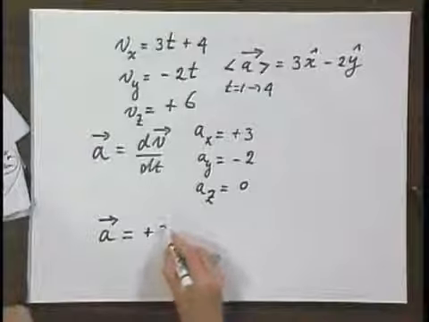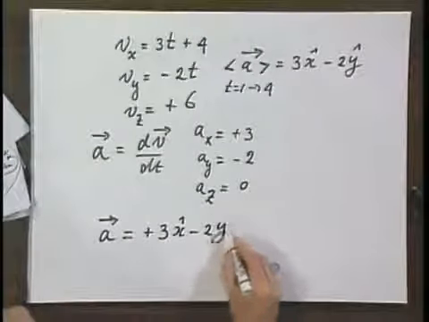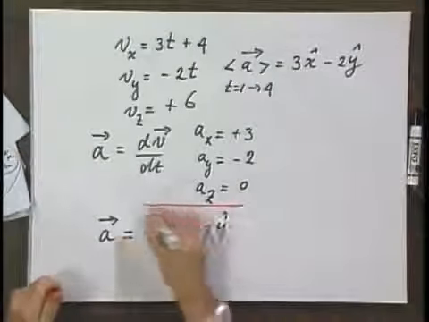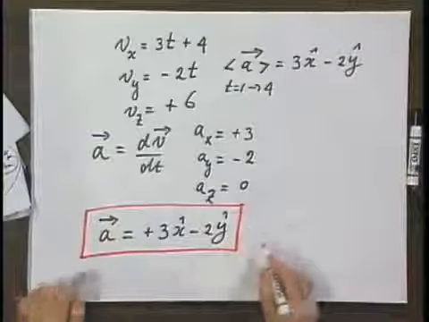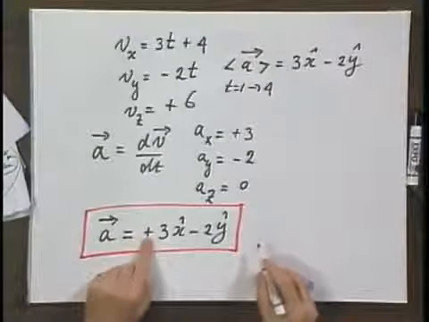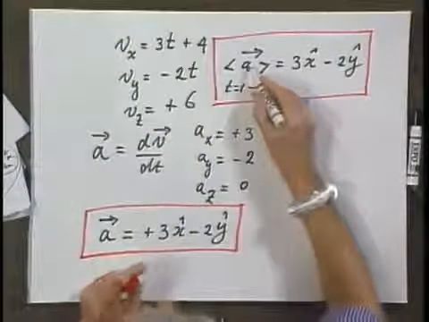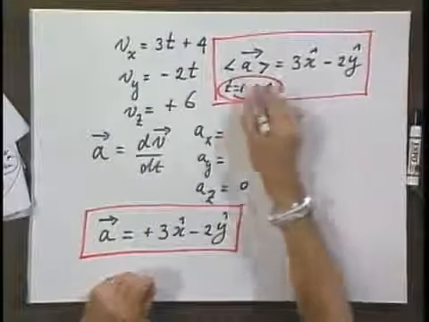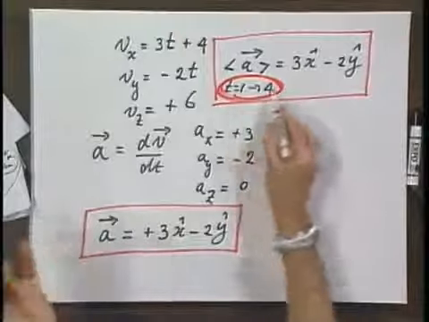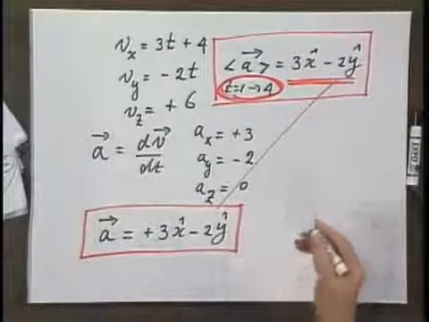That is plus 3 x roof minus 2 y roof. And so you see that the instantaneous acceleration is independent of time, so the acceleration is constant. It doesn't change in time. And so it shouldn't surprise you that when you calculate the time averaged acceleration between any two points in time, any two that you can choose, you find exactly the same result.